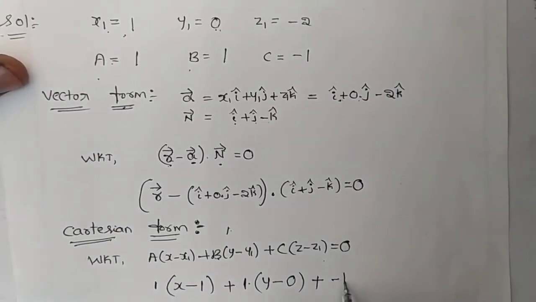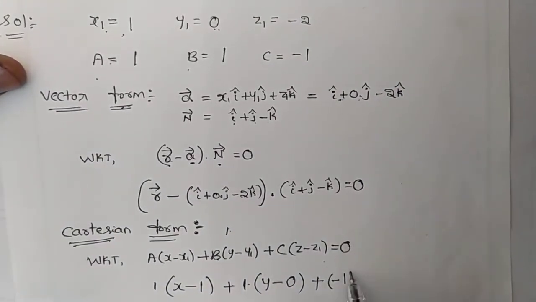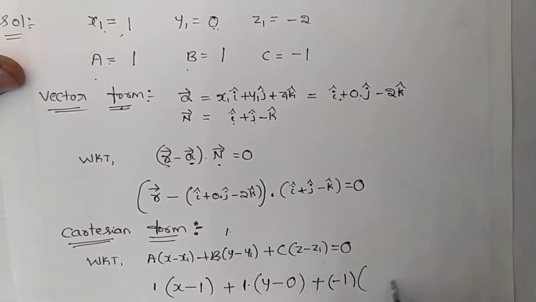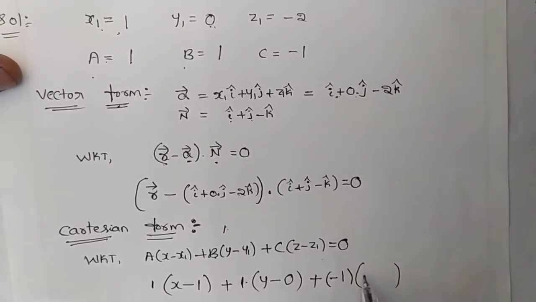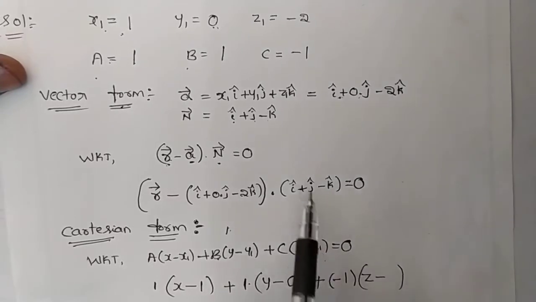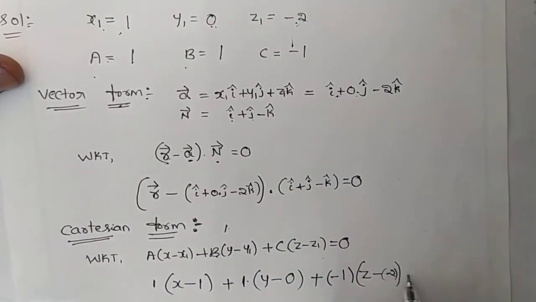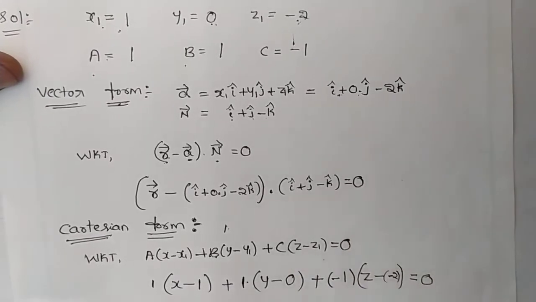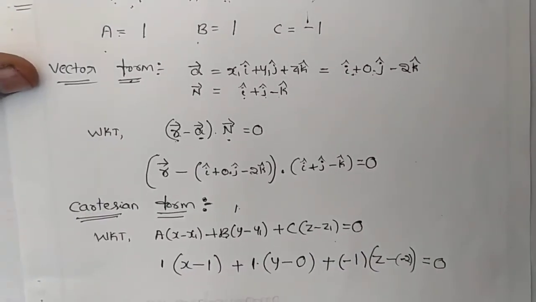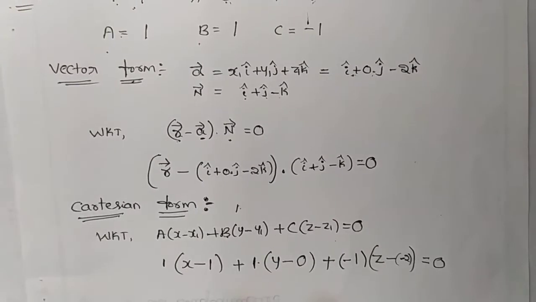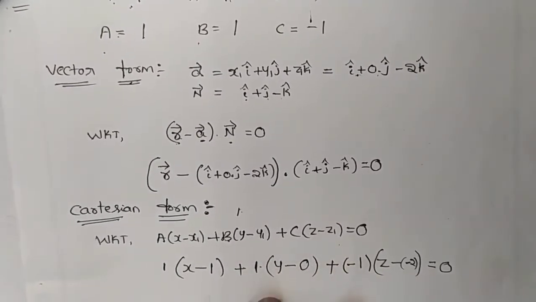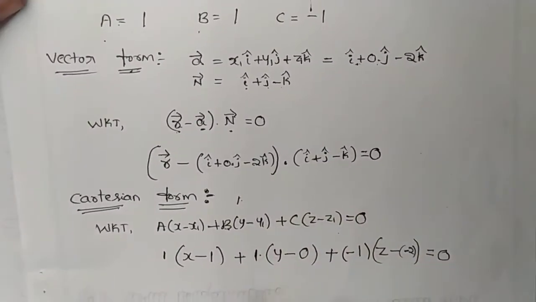Minus is there, you just keep this minus in the brackets. Minus 1 into z minus z1. z1 is minus 2, equals to 0. If a bracket is there, if minus is there, you just put the minus in between the brackets.